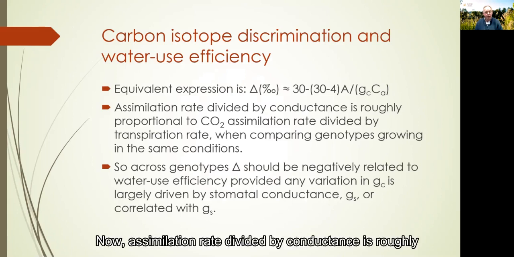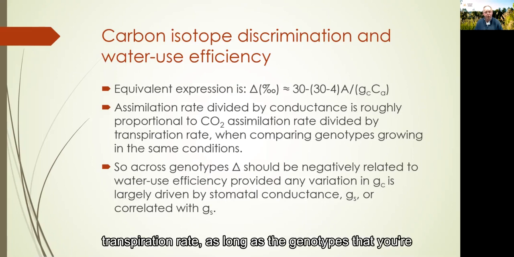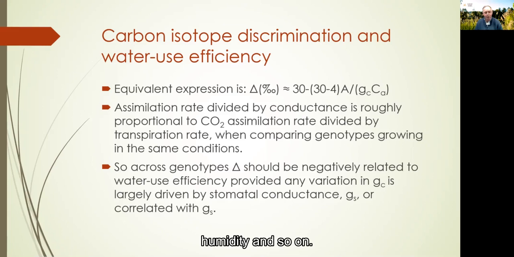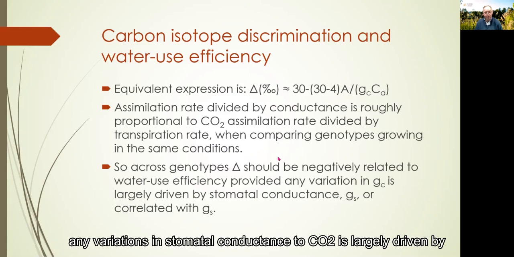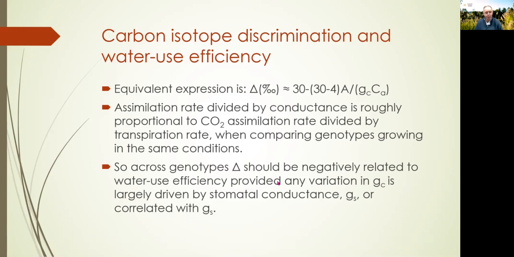Now, the assimilation rate divided by conductance is roughly proportional to CO2 assimilation rate divided by transpiration rate, as long as the genotypes that you're comparing are growing in the same conditions, the same humidity and so on. So across genotypes, discrimination should be negatively related to water use efficiency, provided any variation in the stomatal conductance to CO2 is largely driven by stomatal conductance or correlated with stomatal conductance.